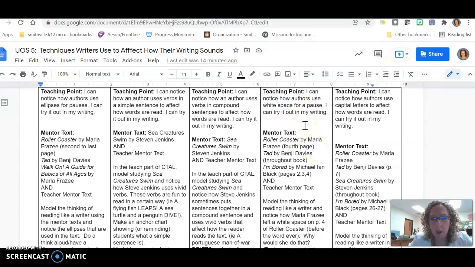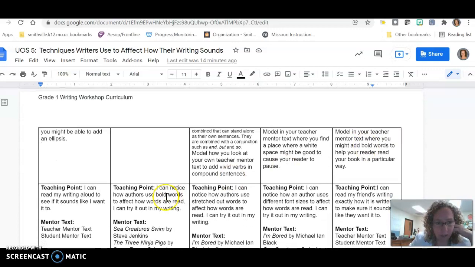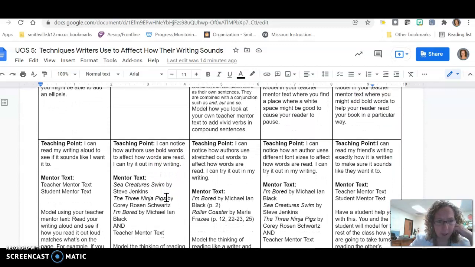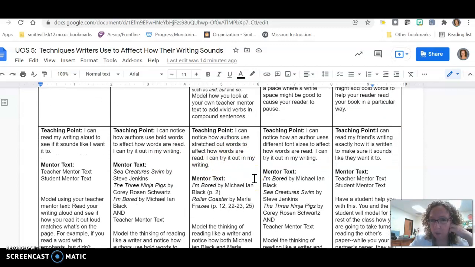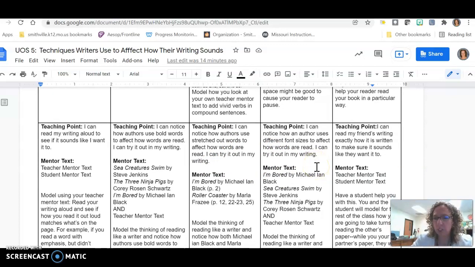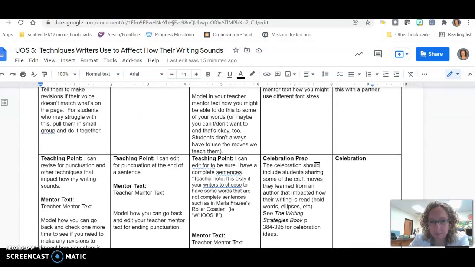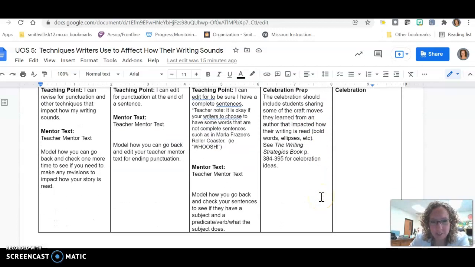For example, some authors leave space in between sentences, and they actually want you to pause in between that space. Capital letters, we talked about that. Bold words, stretched out words, we've talked about all those different font sizes. So again, part of this unit is ending punctuation. Part of it is other techniques authors use to impact how their writing sounds. And then, of course, we have the celebration at the end, just like we always do.